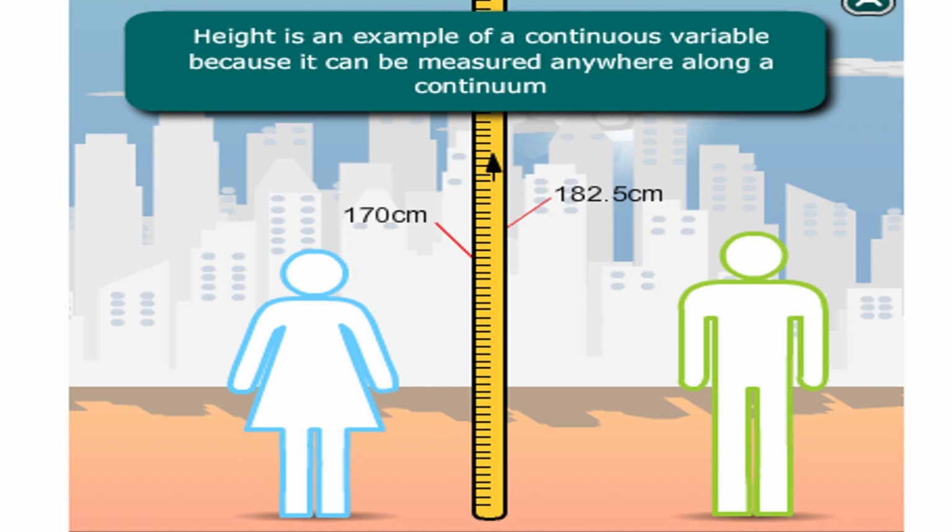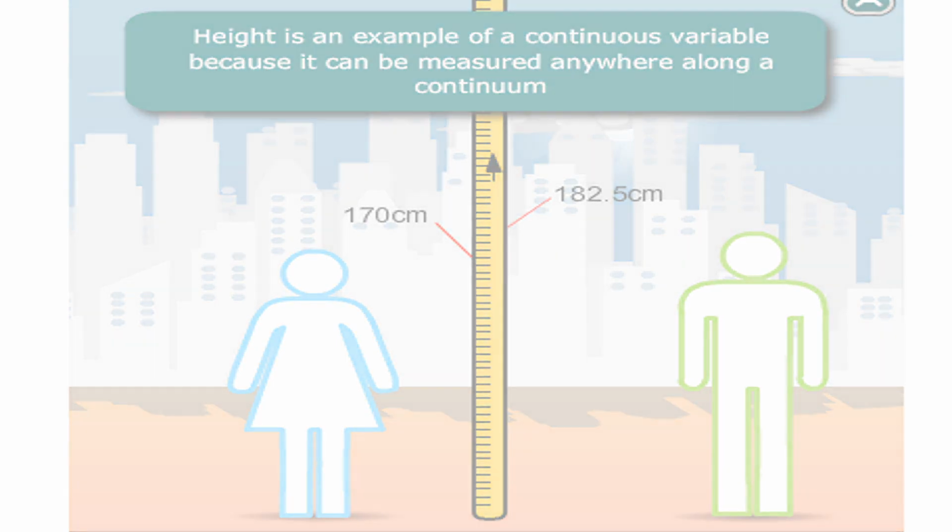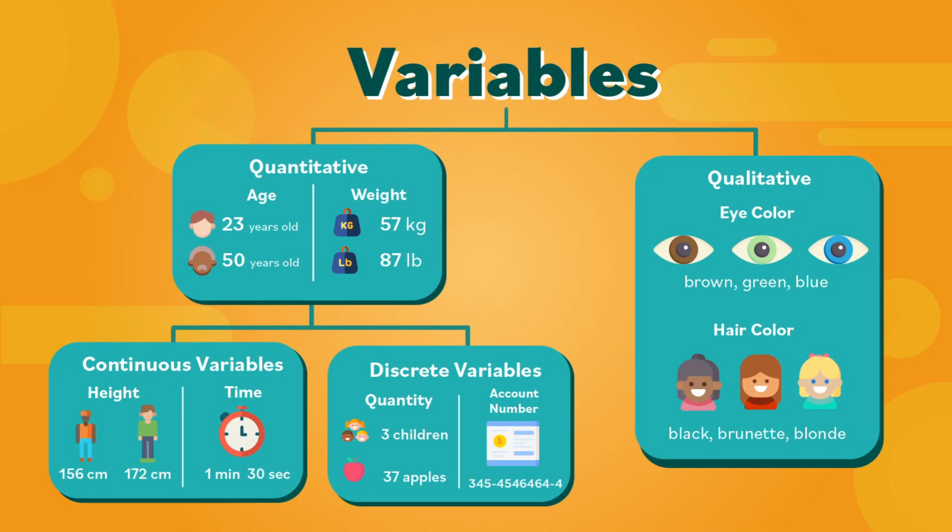I think they would make money twice a year. Now, when you think about a continuous variable, height is an example. You can be 182.5 centimeters, 182.55, 182.56, and so on. So this is another way to think about variables.